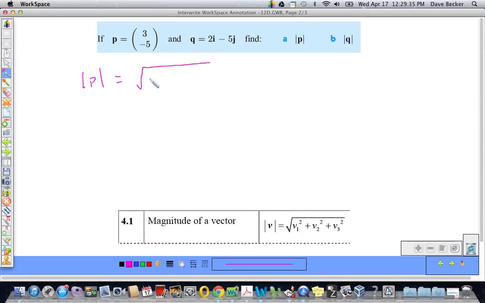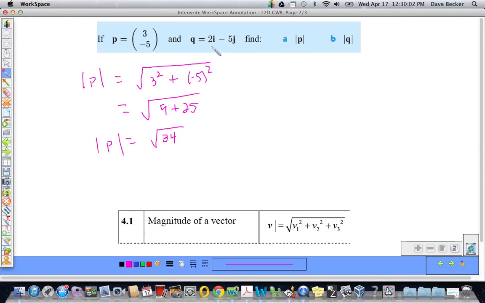So that's going to be 3 squared plus the vertical component squared, so that's negative 5 squared. So the magnitude of p equals the square root of 9 plus 25, and I believe that is the square root of 34. So the magnitude of p is the square root of 34.